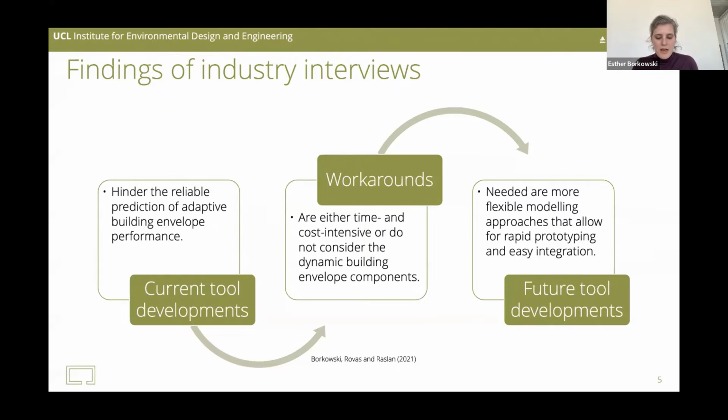This is why the modeling of adaptive building envelopes requires the predictions of the interaction of multiple components and technologies. And this in turn requires the development of models that allow these components to be linked.